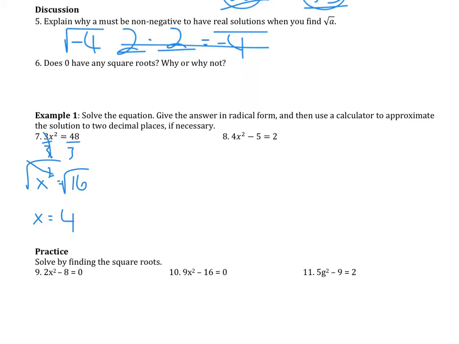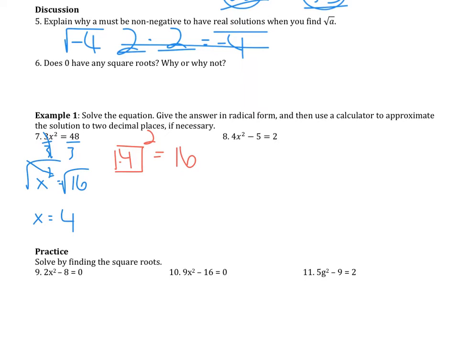Now, the issue with that is only partially correct. So let's go back to this step before we square root it. If we think about our value of x, and I need something squared to give me 16, well, when we substitute 4 in there, that does work. 4 squared is 16. But is there another number that when we square it would also give us 16?